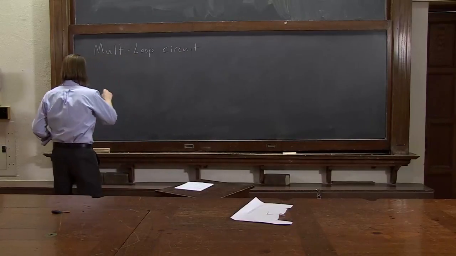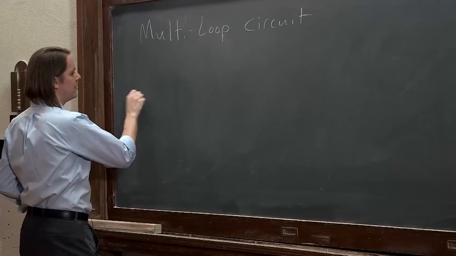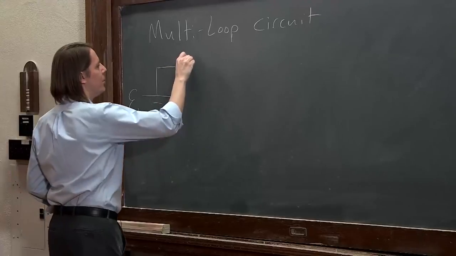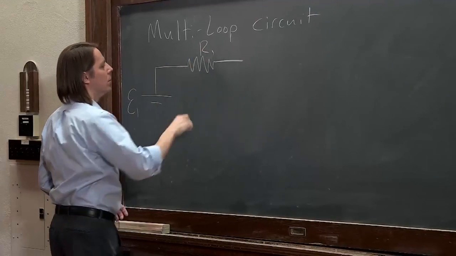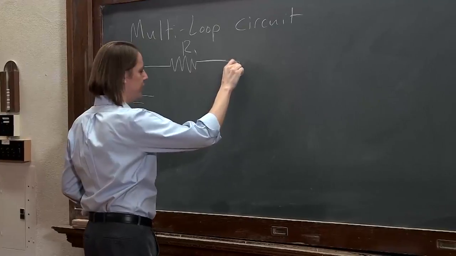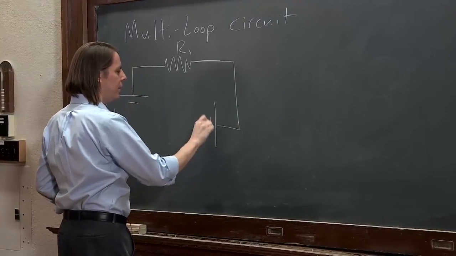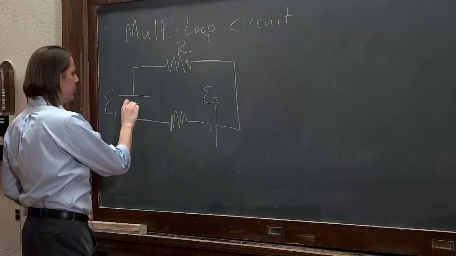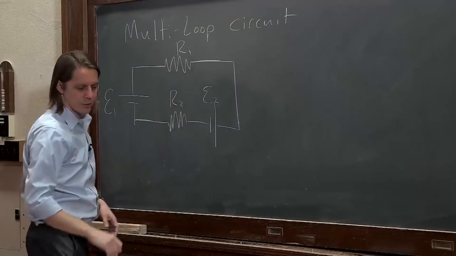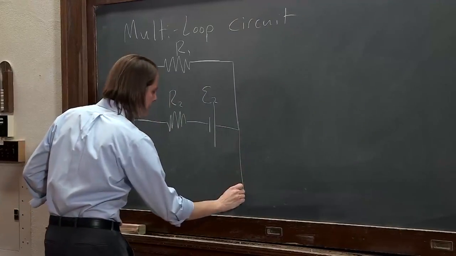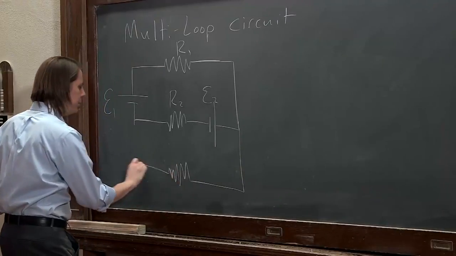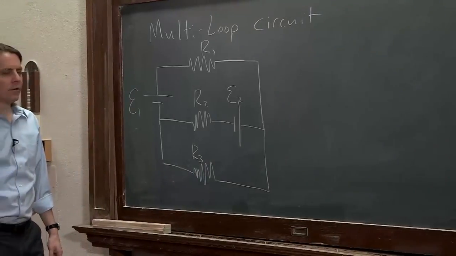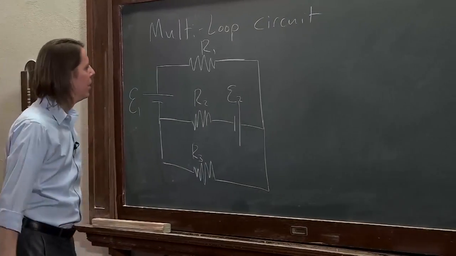Okay, so we're going to draw one here that has, let's say, one battery here, and it comes up, resistor 1 there, and then it comes down and over, and say another battery, EMF 2 there, and another resistor, R2, and then it splits and comes down, and yet another resistor, R3. So this is one that you can't just look at and apply Ohm's law to instantly solve.